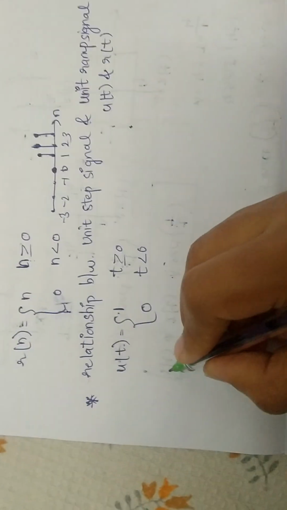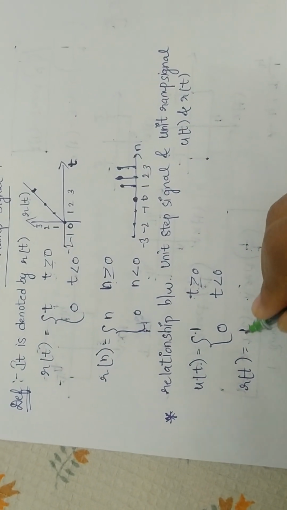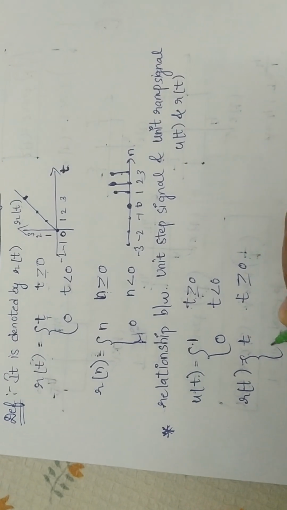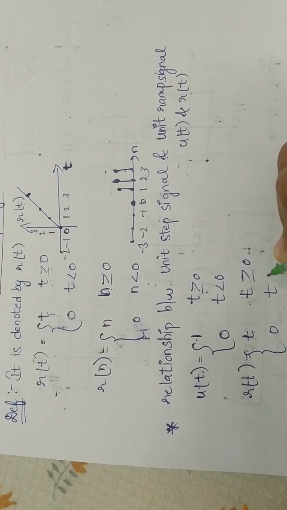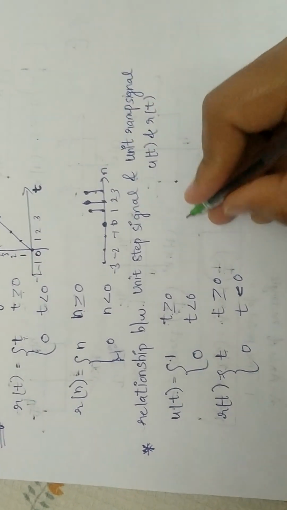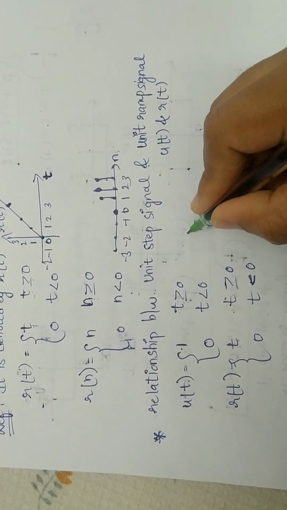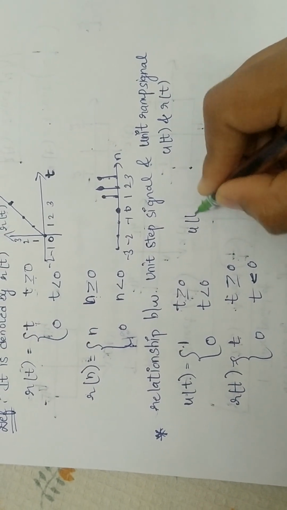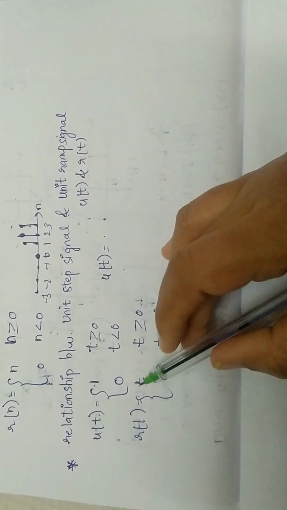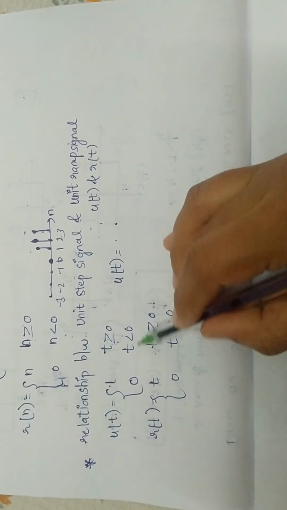And again the r of t value: t for t greater than or equal to 0, and 0 for t less than 0. So here we take the integration part. I am taking the positive values here, no need to take the negative values.